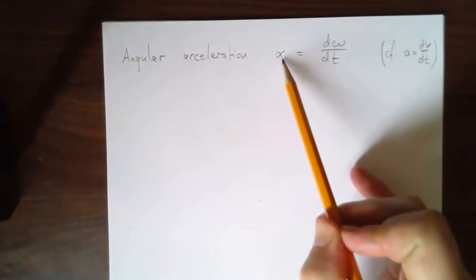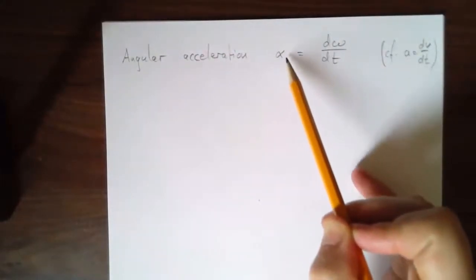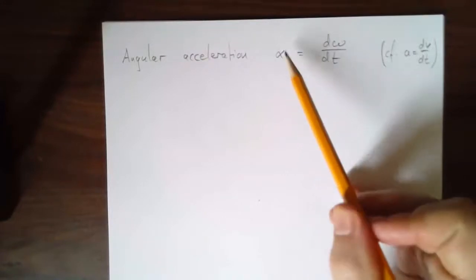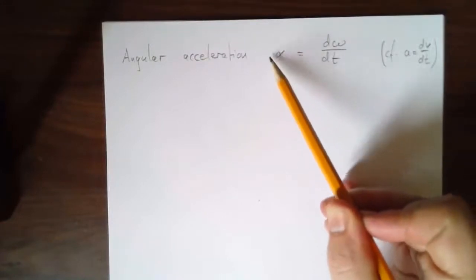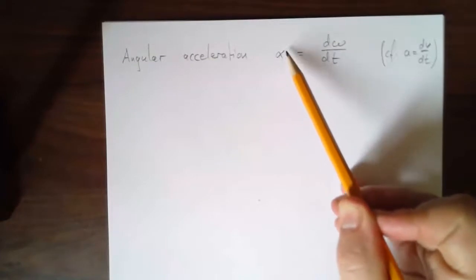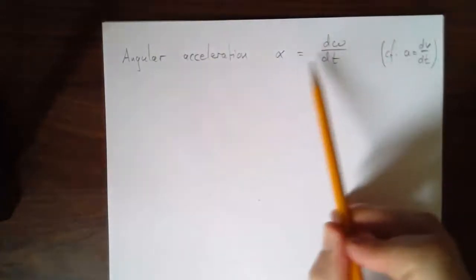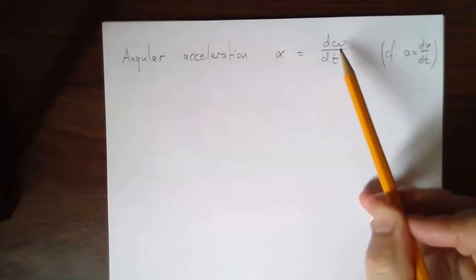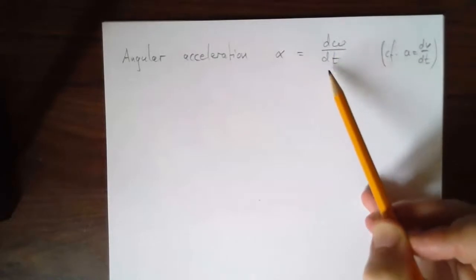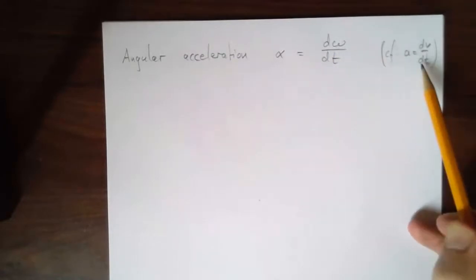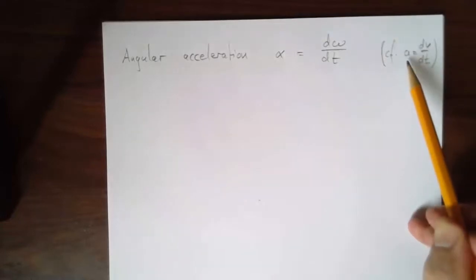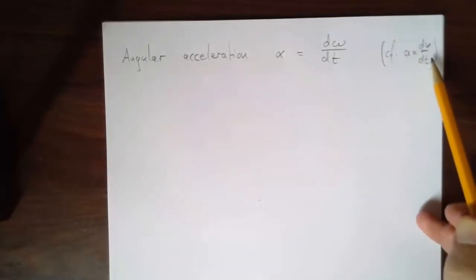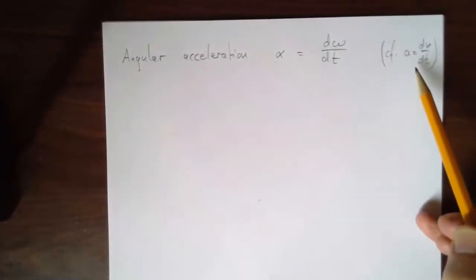It's usually given the symbol alpha, the Greek lowercase a, which looks a bit like an a with a fish tail. It's defined as the rate of change of the angular velocity with respect to time, exactly analogous to the acceleration being dv dt, the rate of change of velocity with time.